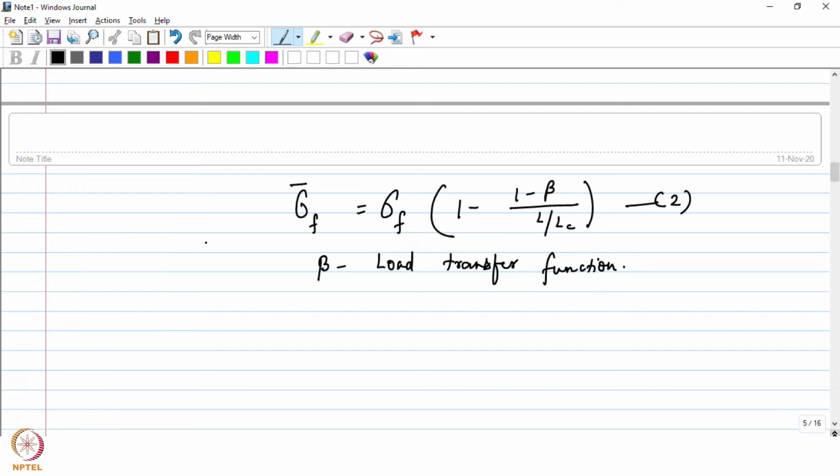And now if you come back to this equation with regard to the composite strength that we derived before, now considering the load transfer and also the fact that it also depends on the L by D ratio or the aspect ratio of the fiber, we can rewrite this equation as this one.